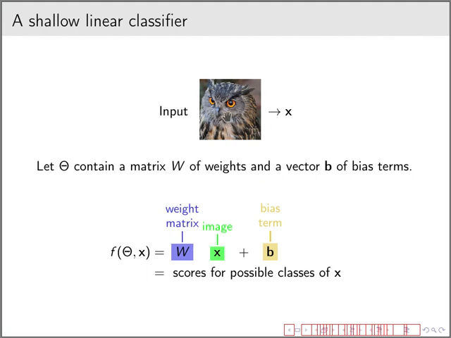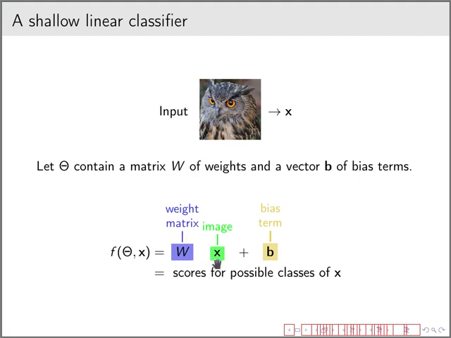So our input is an image that I'm going to organize in the form of x, as we require in machine learning in general. And let theta contain a matrix W of weights and a vector b of bias terms. I'm going to define both later, so don't worry. Those are the parameters that we want to use to transform x. How are we going to transform x?